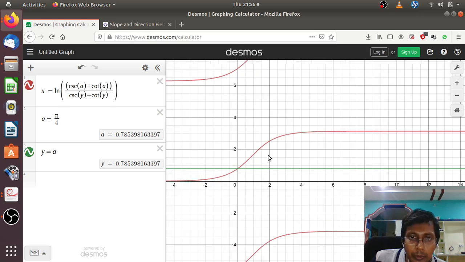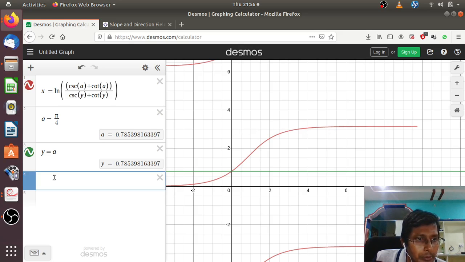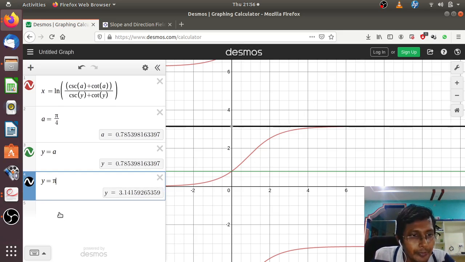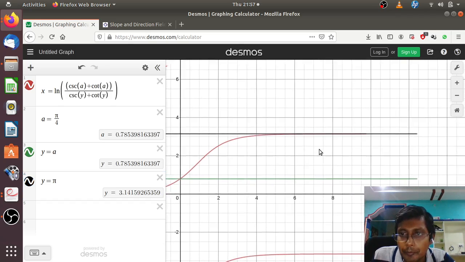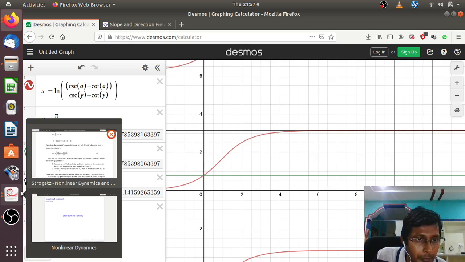It's slightly above 3, maybe I'm just guessing, maybe it's pi, y equal to pi, let's say. Yes, if we see, this is the y equal to pi line, and it's approaching this line asymptotically. So I could somehow answer this question.